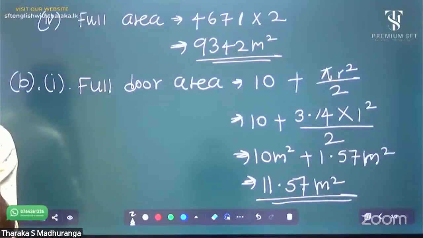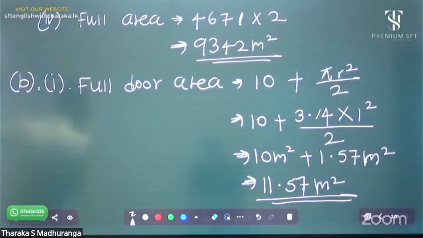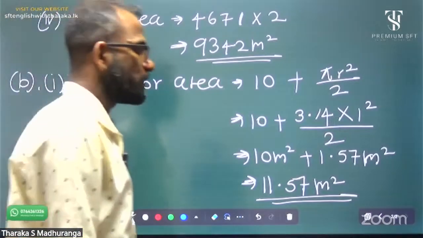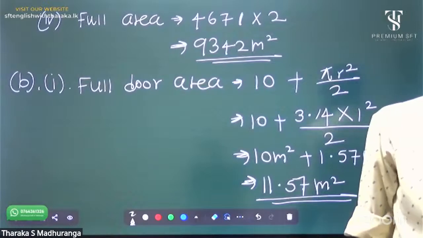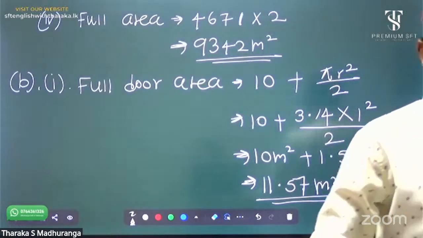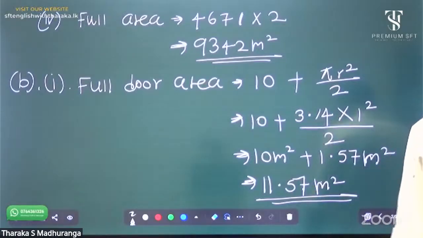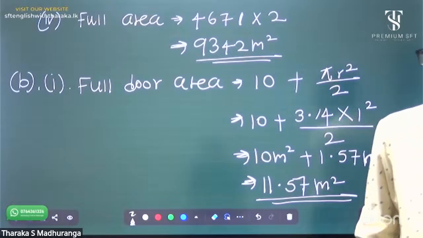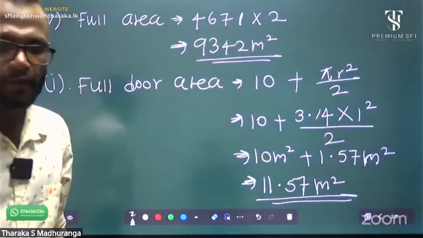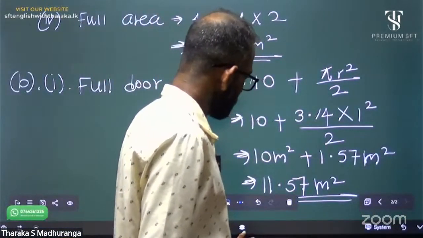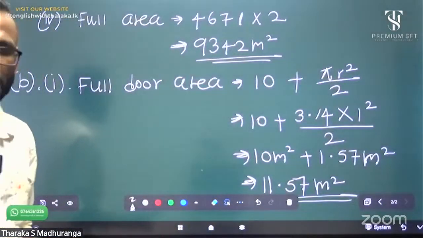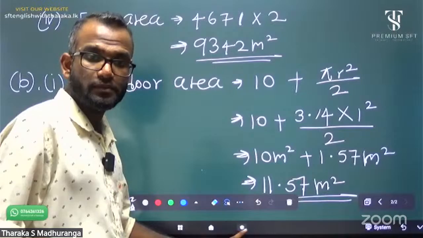It's easy. 11.57 square meter. Dinul, correct? Okay.